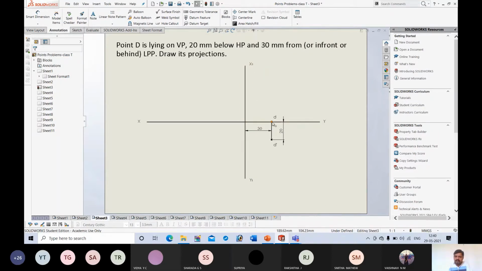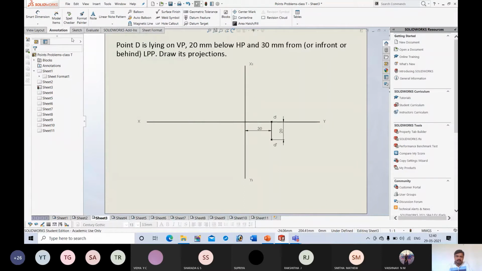If you try to rotate it for 90 degree and draw a horizontal, it will end here itself, since the 45-degree inclined line will start from here itself. So directly I can rotate it 90 degree, on the XY line for this much extent, then on X1, Y1. So if it is on VP, profile view will be on X1, Y1 line itself.